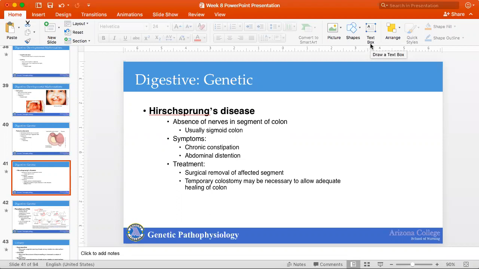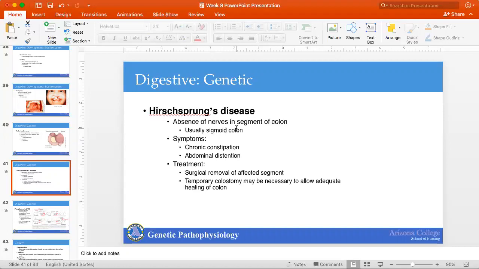This nerve supply would allow for that normal movement, starting in the esophagus all the way down through to the anus. So in this disorder, you have an absence of the nerves responsible for that peristalsis in the sigmoid colon, which is one of the last segments of the large intestine.